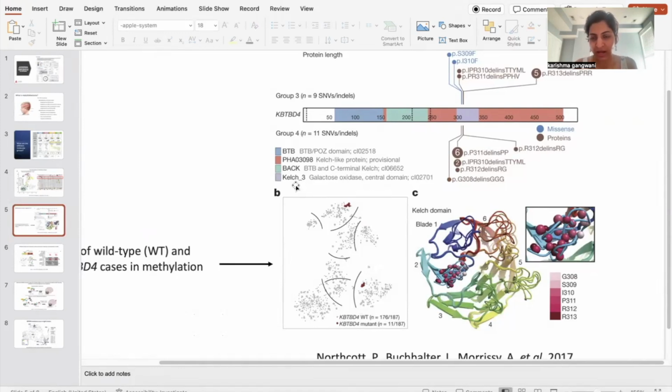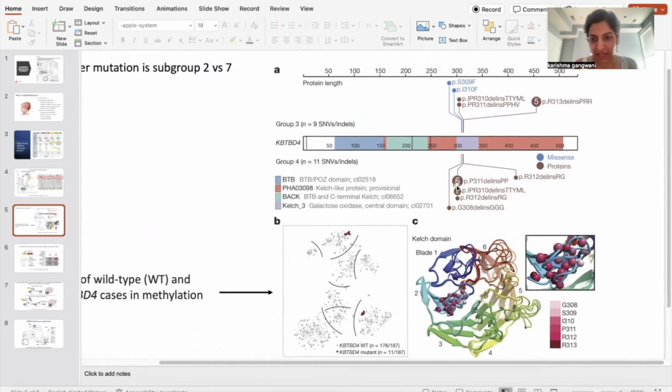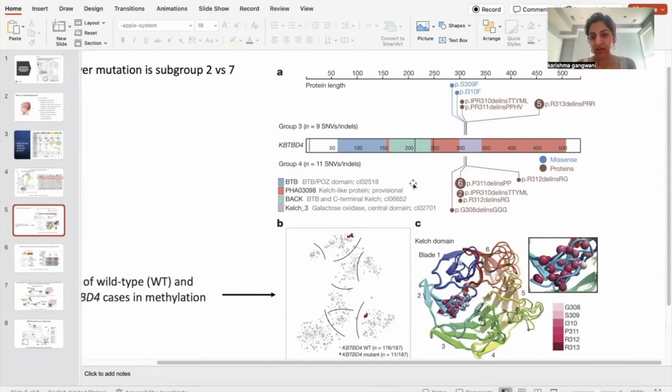And how it does that is through its protein domain, which contains these Kelch repeats. So the one that is shown in lavender color here, as you can see. And there are conserved regions which are conserved from species to species within the Kelch repeat, which we will see in a little bit. And there are insertions of amino acids, or there are missense mutations as shown here in this lollipop in figure A.